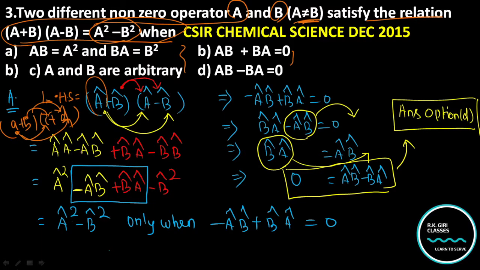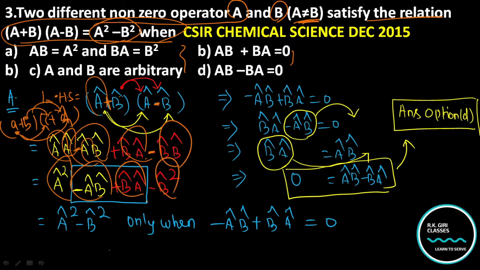That is A into A, and this is A into B, but the factor is negative. And in this case, what happens? B into A, and this is B into B, right? This is plus negative, that is negative, right? That means A square. Simply don't use extra mind here. Minus AB plus BA, and this is B square with the negative symbol there.